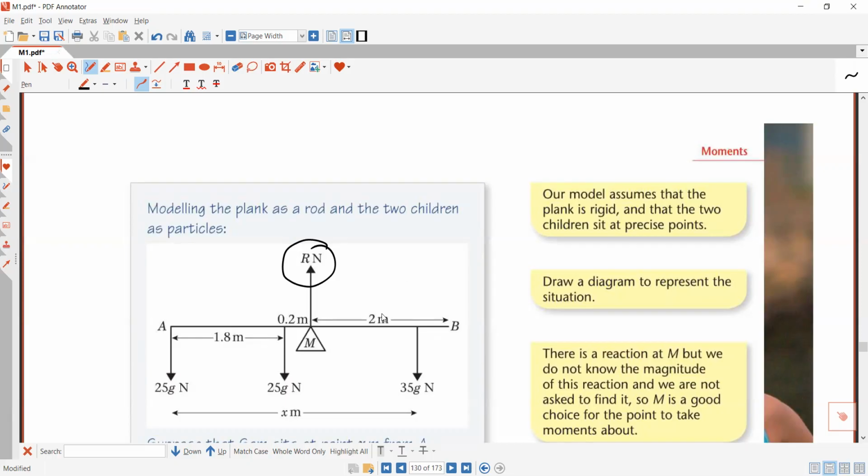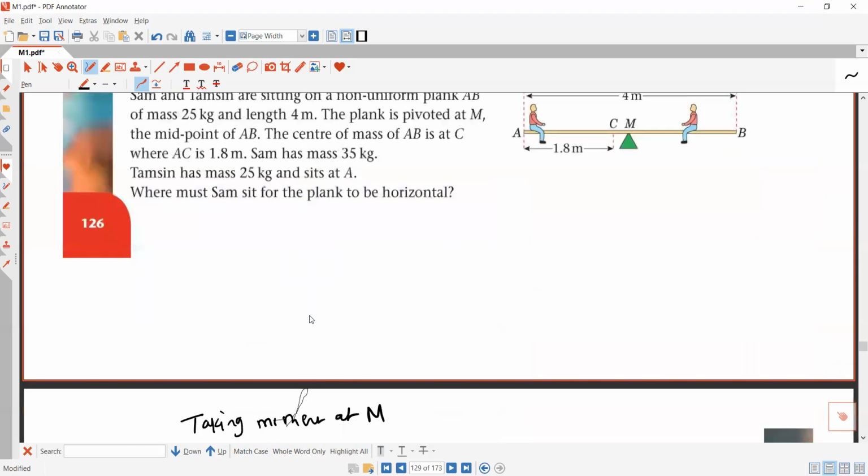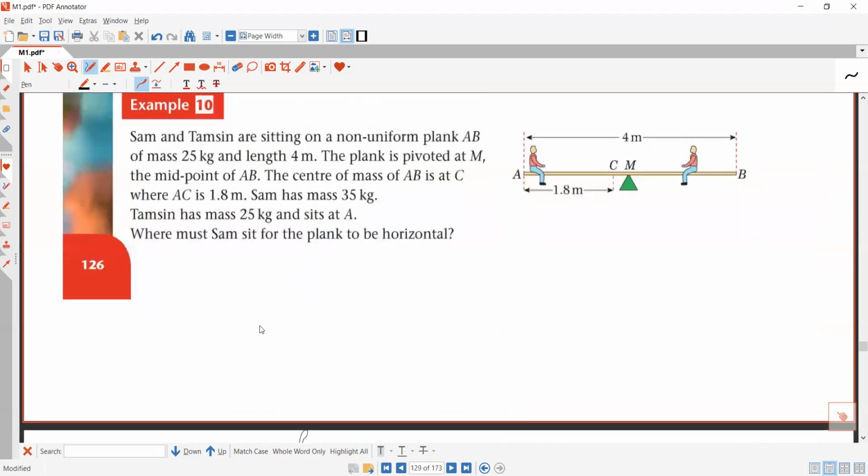Now, this is 0.2 meter. This has been given to us. Let's take this as the pivot. So you write, taking moment at M. You know this is clockwise, 35 G. What am I supposed to find here? Where must Sam sit?